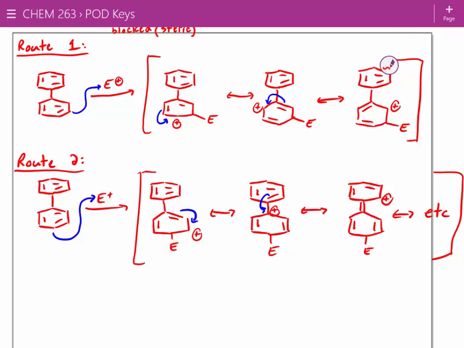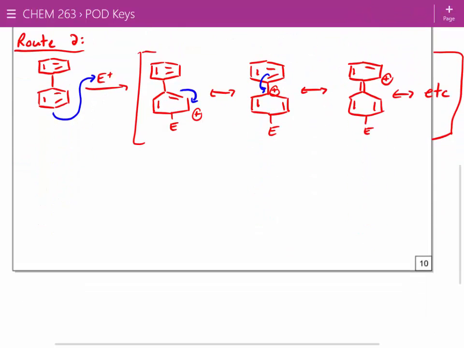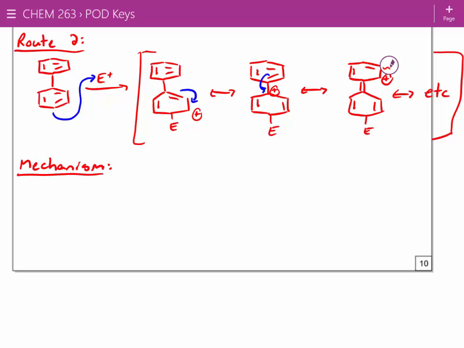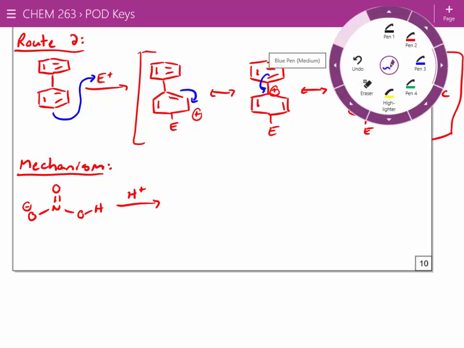All right, now let's quickly go through and do the mechanism. Sorry, I know sometimes I don't give enough space. The first part of the mechanism is we take our nitric acid, we react this with our sulfuric acid, which I'll label H+.